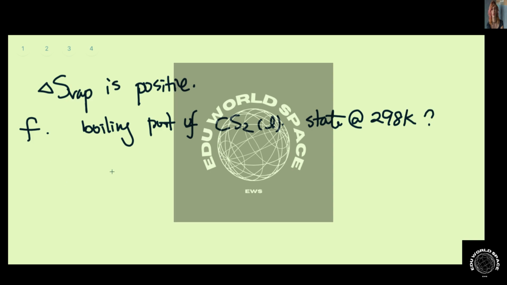So at the boiling point, the delta G of the system will be equal to 0.